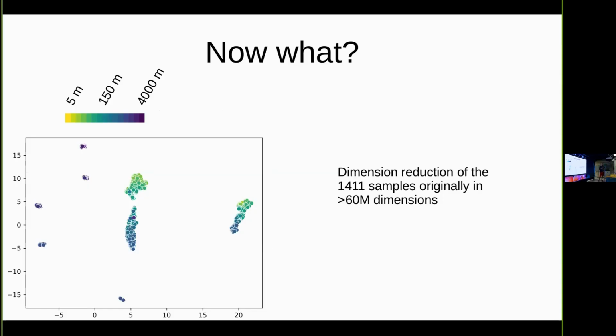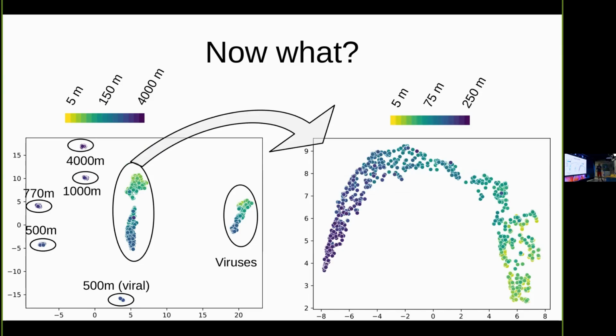In the result, you can see clusters of different depths, like the lower depth, but you can also see the cluster coming from the virus, because remember, we also have the viral fraction and the 5-meter viral fraction. And the big cluster in the middle, if you just take that and apply the reduction algorithm on it, you can see a nice continuity in the space on which it's projected, from the 5 meters to the 250 meters.